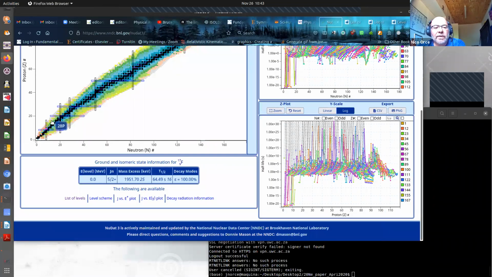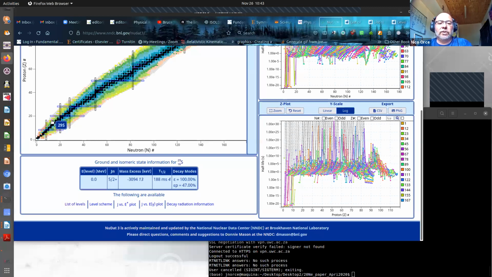We take any of these, phosphorus-28, but we're not going to take odd-odd because the situation is more complicated. You're going to take any odd-even nucleus, like we have done so far. So sulfur, let's say sulfur-29. Ground state J is 1/2 plus.